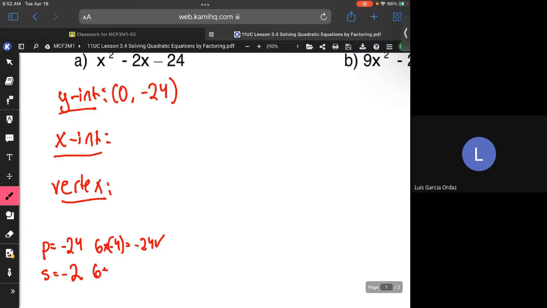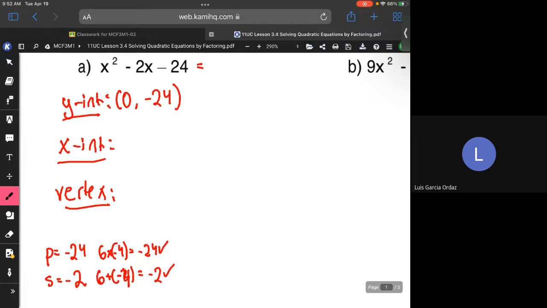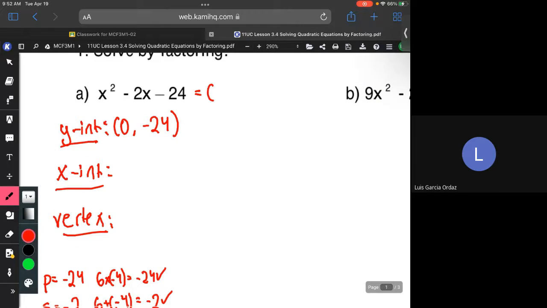And 6 plus negative 4 is 2, so that's perfect. So how would this look fully factored? What would my two brackets be? Olivia? Yep. x plus 6 and x minus 4.